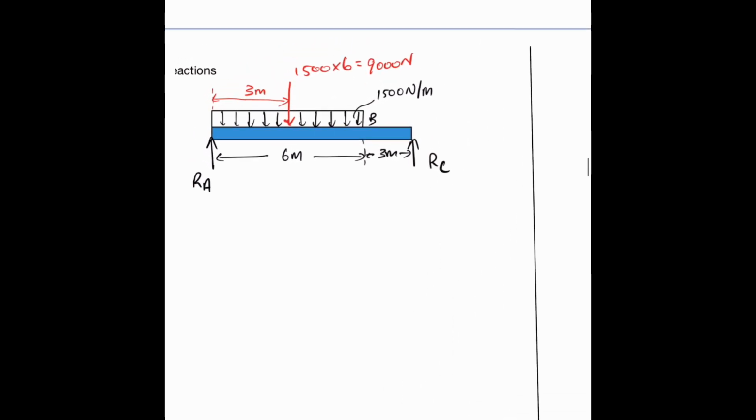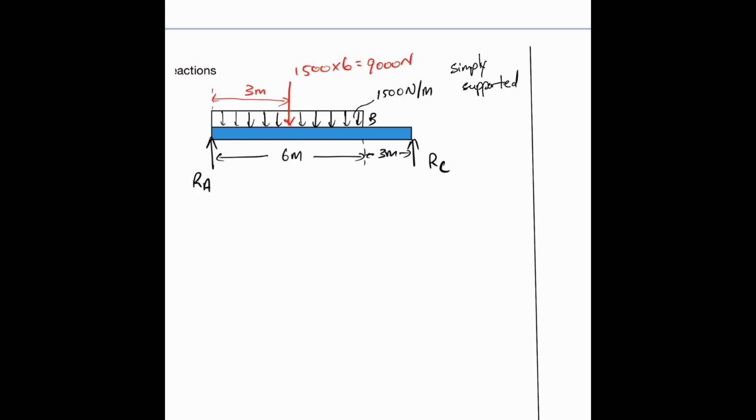Okay, so what we will do now, we will do an example that you could follow along. Alright, so we have a beam here, and we have a distributed load. It's a simply supported beam, right? Because it has 2 simple supports, one at each end.